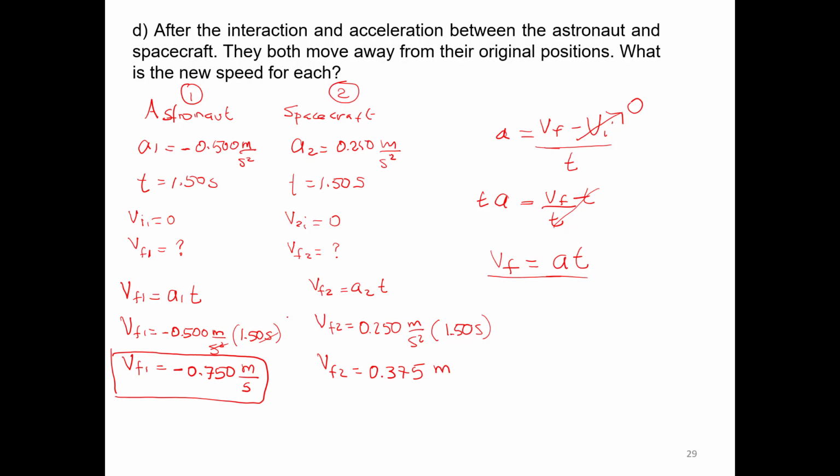We expected meters per second because it's velocity; the seconds cancel out with one of the seconds in the squared unit. Then this is the final velocity for the astronaut, and this is the final velocity for the spacecraft. And here is just the equation we use to solve the problem.